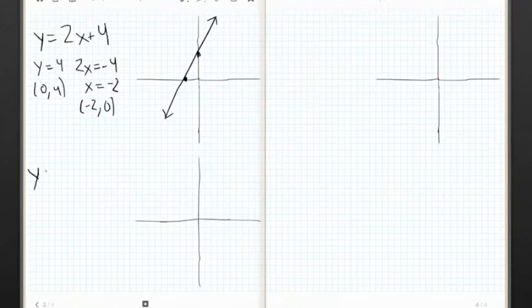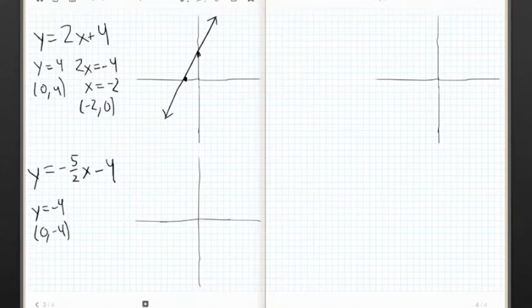You may also save time with something like this, where you have a fractional negative slope. If we set x equal to 0, we get y equals negative 4. So 0, negative 4. If we set y equal to 0, we'll get negative 5 over 2x equals, there's nothing left over here now, so when the negative 4 moves over, it will become positive 4.